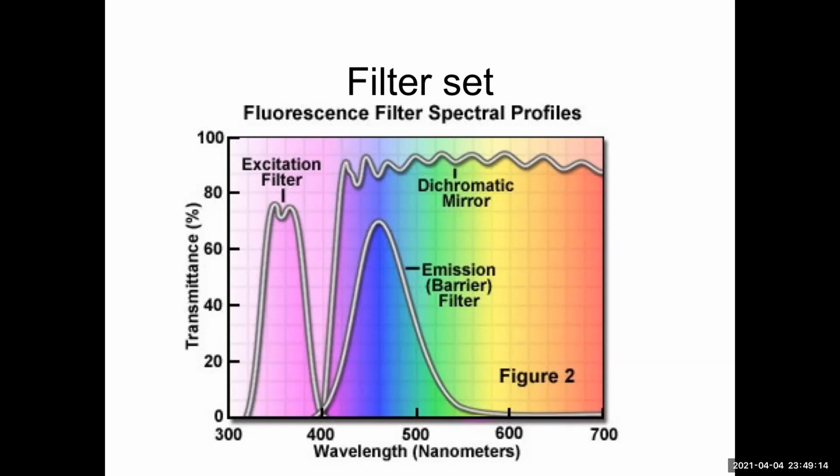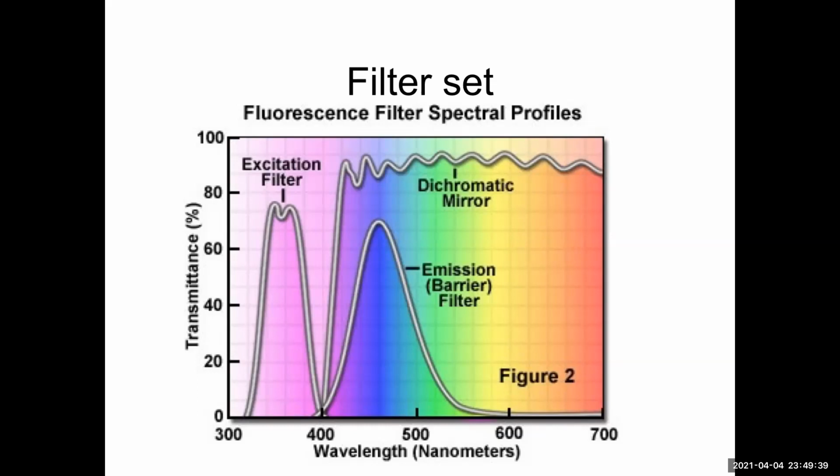And "it was brighter" is meaningless unless you give us more info, because it could just mean you left the shutter open for longer, it was a longer exposure, or you had a filter cube that had a higher level of transmittance. Okay, so coming back to what you're looking at here: you're looking at a description of the excitation filter.